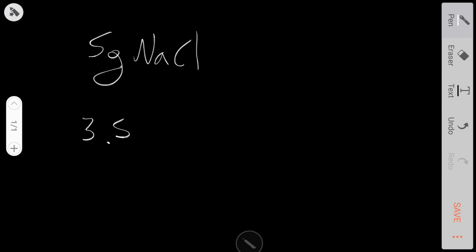So let's see here. Let's say in the lab that we just had, I gave you, you started off with, in your little test tube, a total of 5 grams of sodium chloride. After filtering it out, after doing your whole lab, you were able to get back only 3.5 grams.